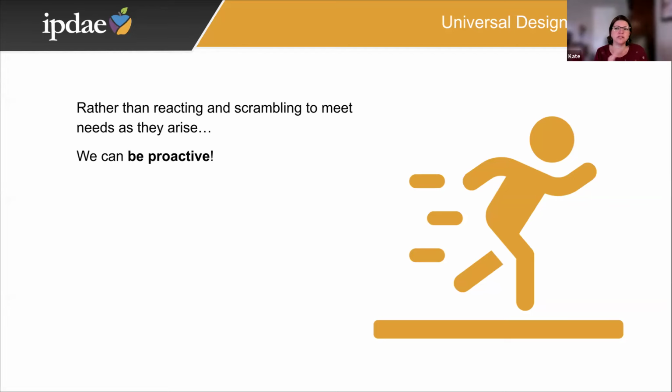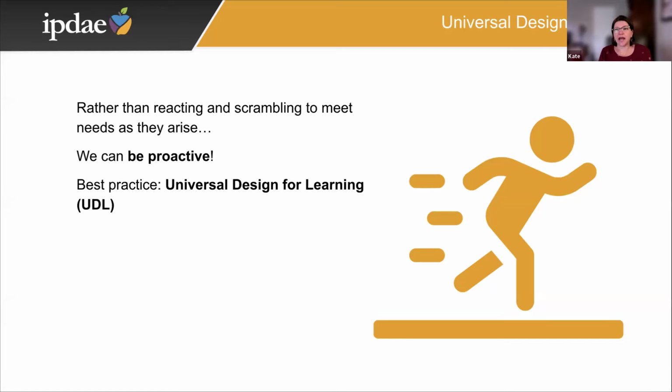We build intentionally into our classrooms a lot of the tools you might need or the strategies you might use so they're there right from the very start, and any student could use them. They don't need to have an IEP. And so that is known as universal design for learning. And the research shows that that is indeed the best practice.